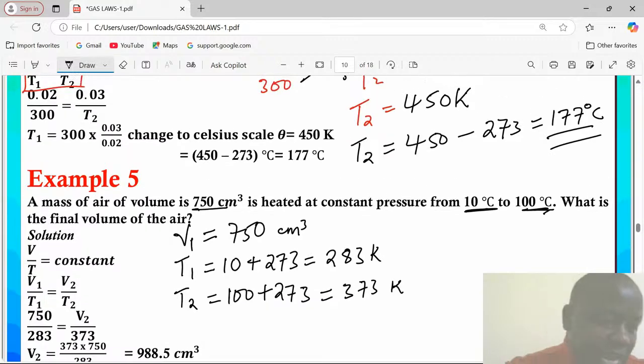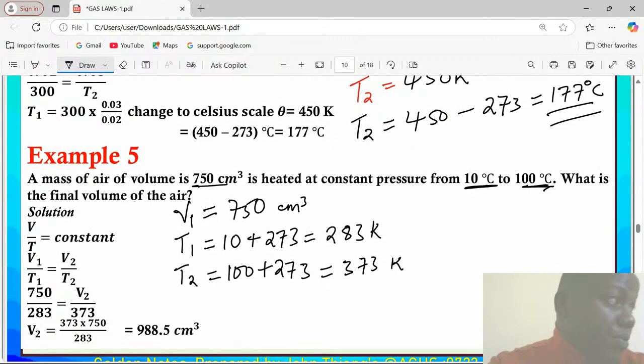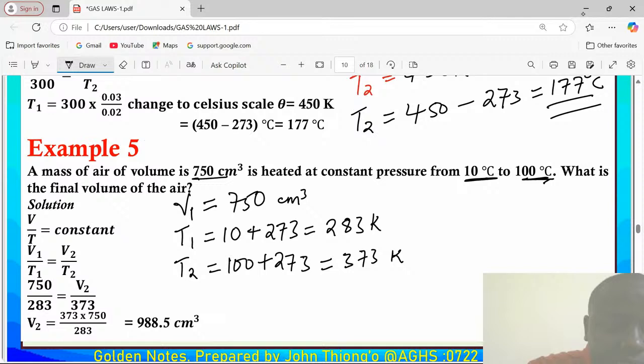Therefore, with such an analysis, we can get to the formula whereby we are saying V1 out of T1 equals V2 out of T2.